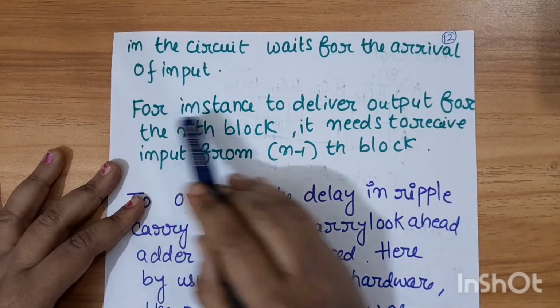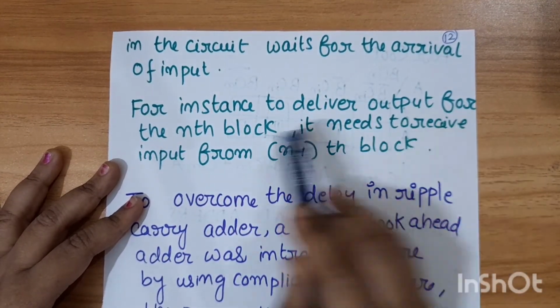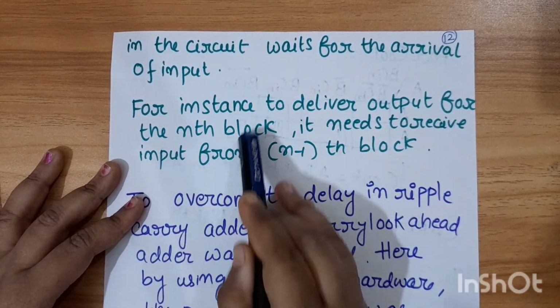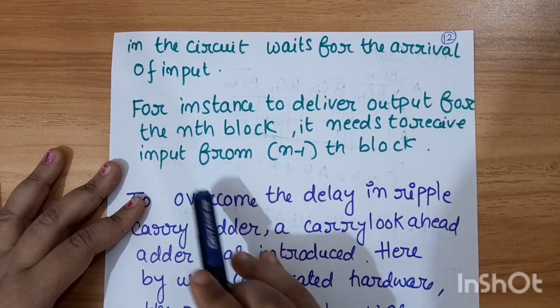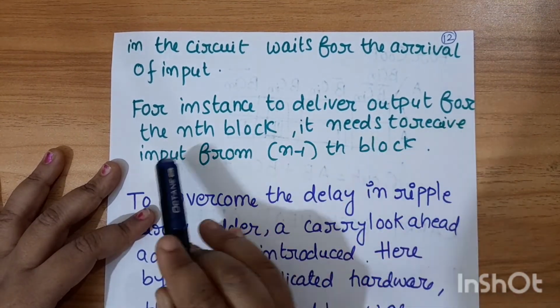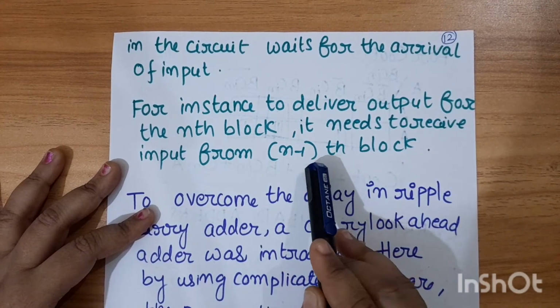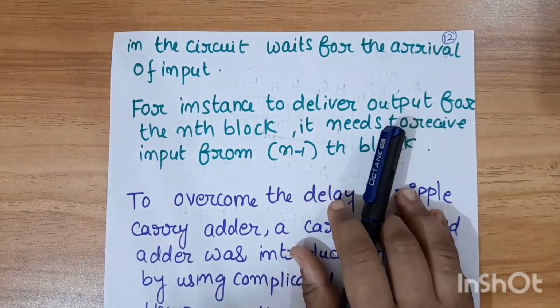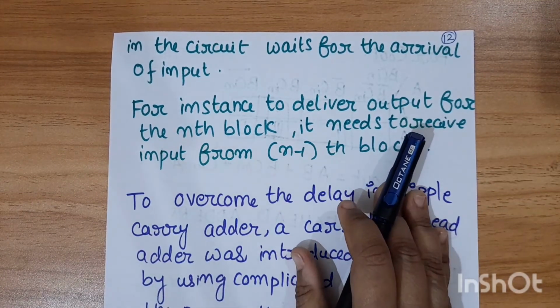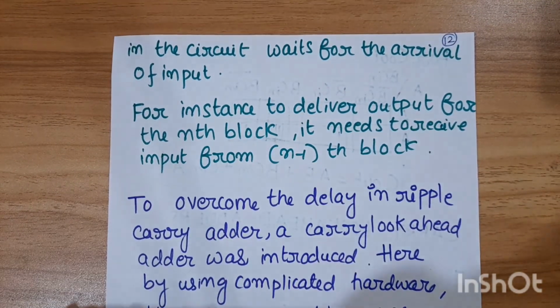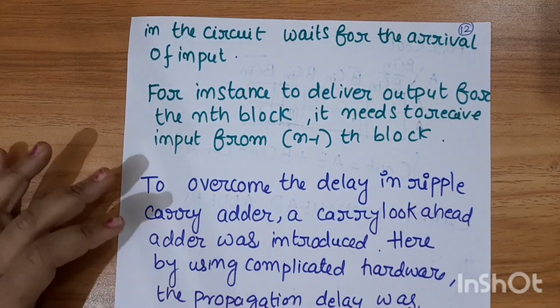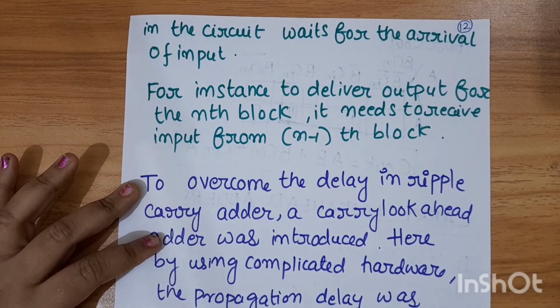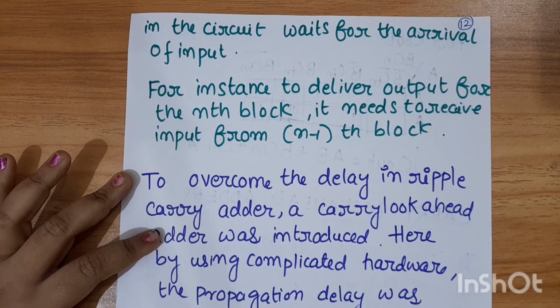So, for instance, to deliver the output for the nth block, that is the nth full adder, it needs to receive input from the n-1 block. So for the nth block, in order to evaluate the sum and carry, it needs the carry generated from the n-1th block. So there is propagation delay.